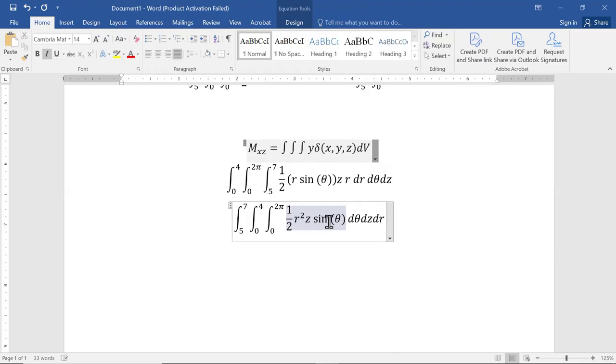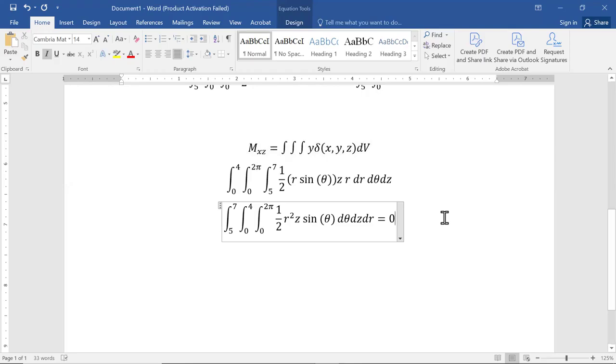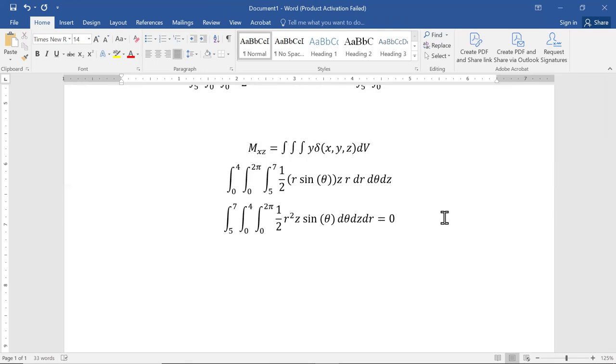We're going to be integrating with respect to theta from 0 to 2 pi. And if I integrate sine from 0 to 2 pi, I get 0. And so everything just turns into 0 once again. Hopefully that's not too much.